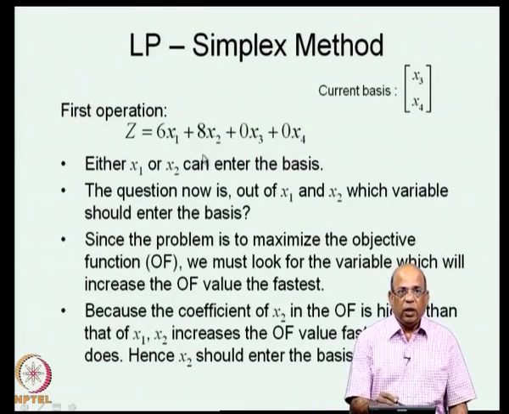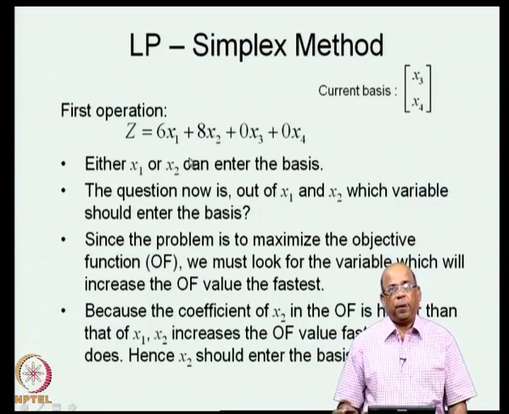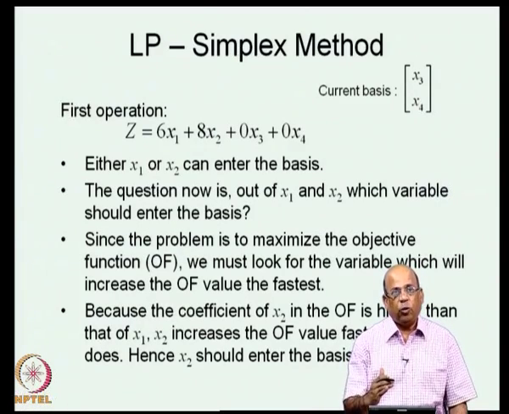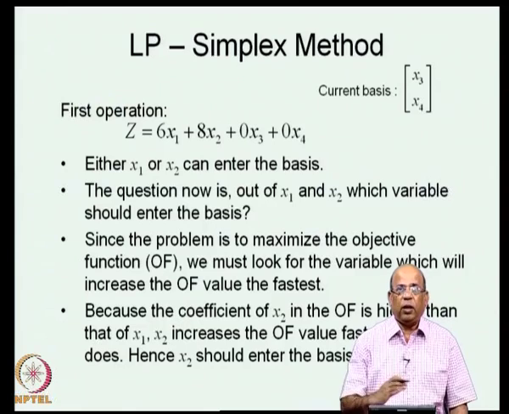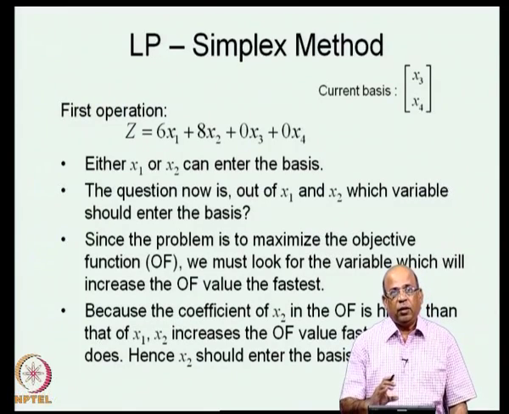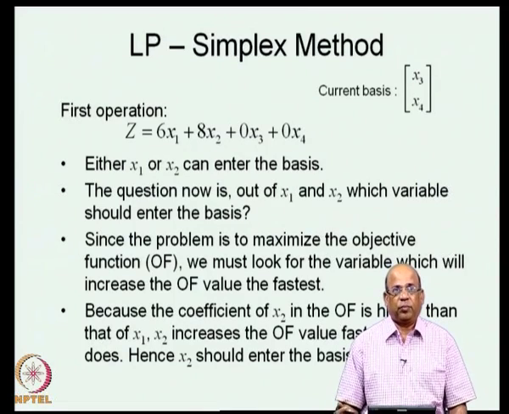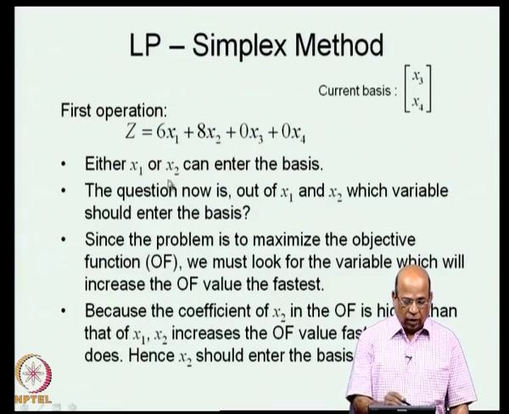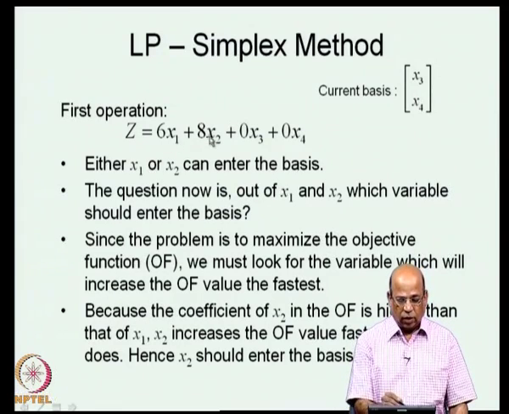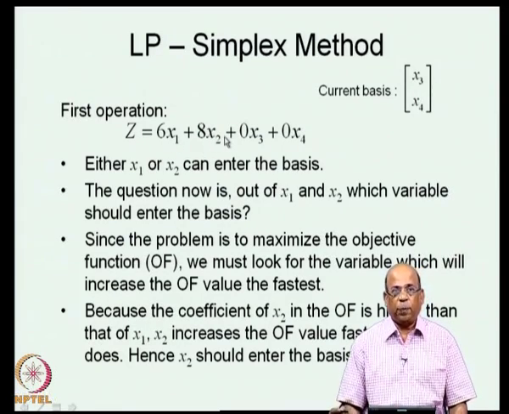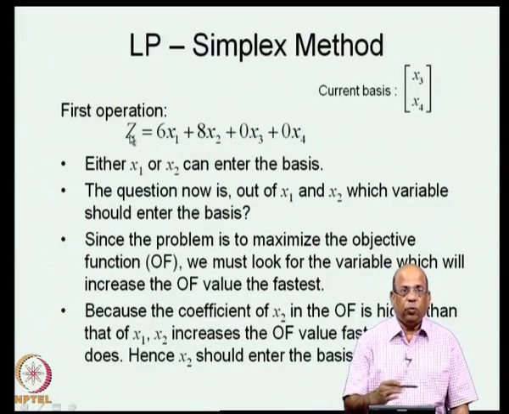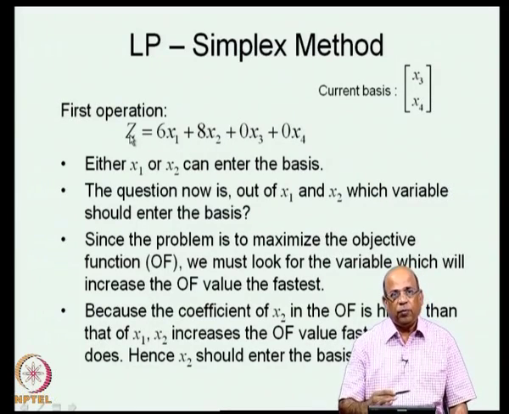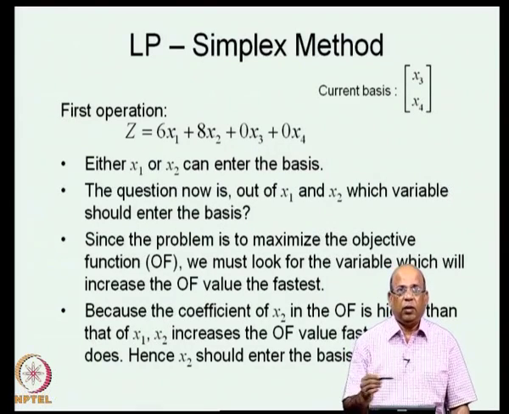Now, you want to bring in either x1 or x2, and the question you are asking is whether I should bring in x1 or x2 such that the improvement in the value of z will be the fastest. Look at the coefficients. You have a coefficient of 6 for x1 and a coefficient of 8 for x2, and your objective is to increase the z value the fastest.